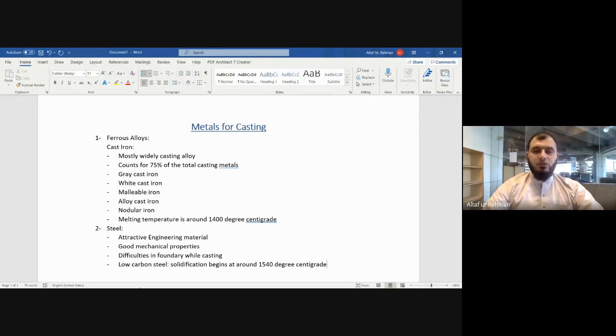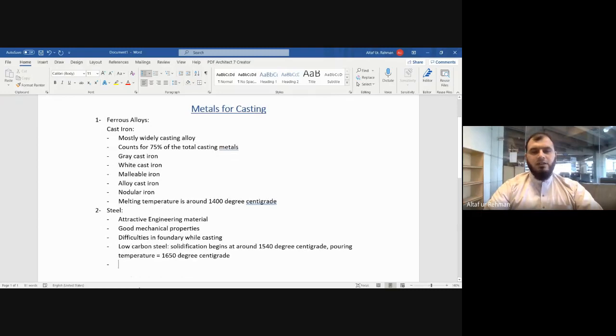The pouring temperature in this case will be around 1650 degrees centigrade. So this is quite a high temperature, and the issue is that at this temperature the steel has the issue of oxidization.